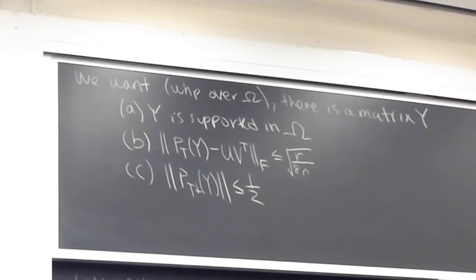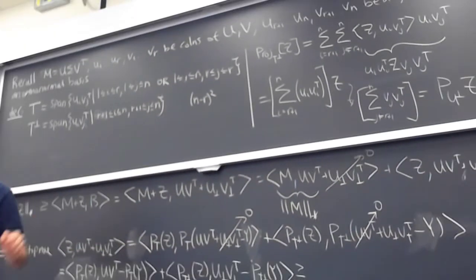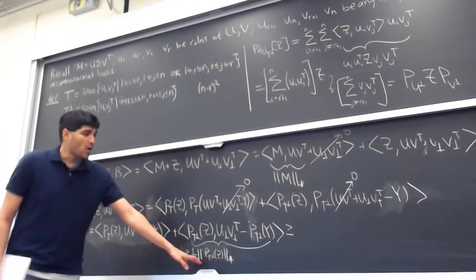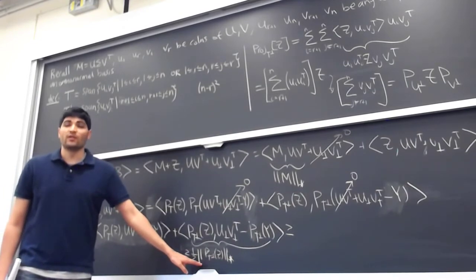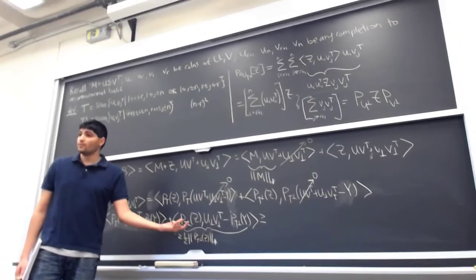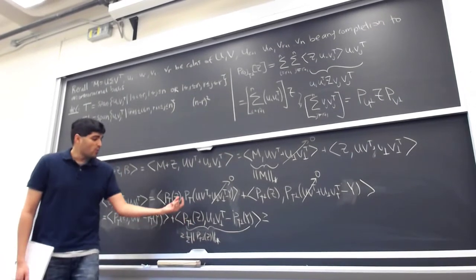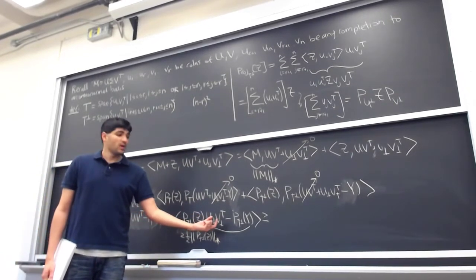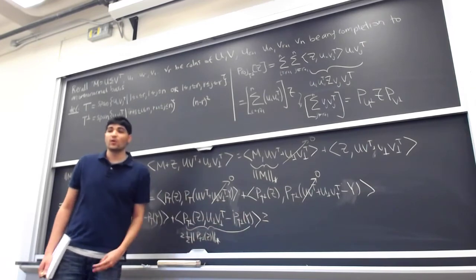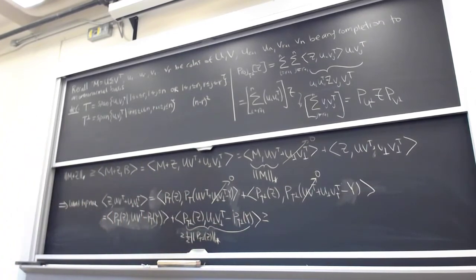Right? So all of this at the end of the day tells us that this entire part right here is at least a half of the nuclear norm of PT perp Z. So this is the part that we want to show is strictly greater than 0. This is the part we're winning, just based on the way we've constructed U perp and V perp, and the fact that Y has very little mass on PT perp.